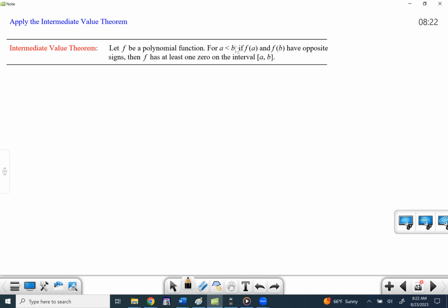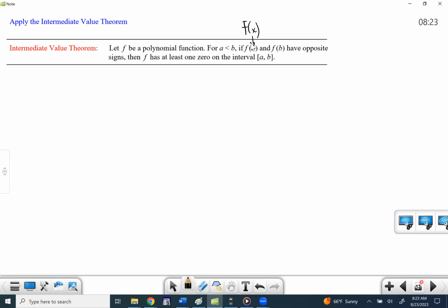Now for a less than b, if f of a and f of b, so I try to draw things so I can understand it. When they say a is less than b, I don't know if it's an x or a y, but now that I read this part, I do. f of a and f of b are definitely y values. And remember, it's f of x. So whatever's in the parentheses is always x.